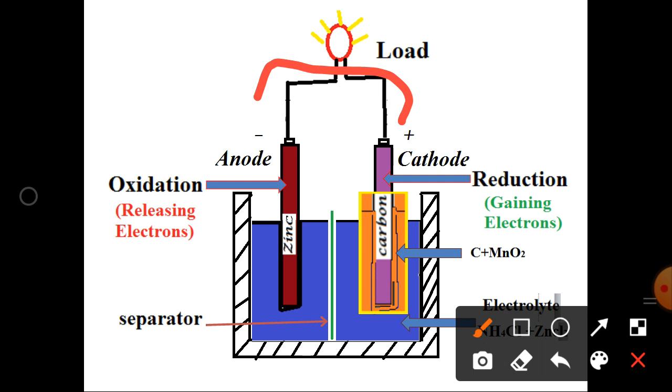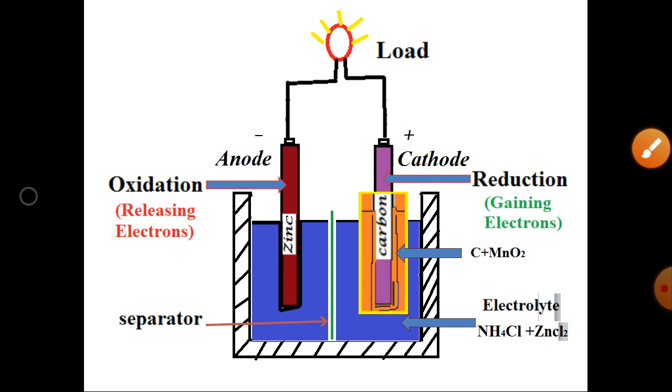The oxidation process means the zinc releases a large number of electrons. Those electrons are attracted by the cathode. That is, the electrons start moving through this path and finally reach the cathode. The cathode, the reduction process, means it gains the electrons. The movement of electrons from anode to cathode is called current flow, right?